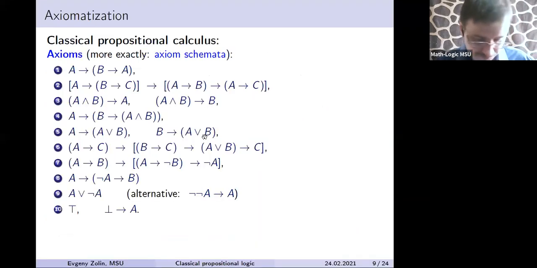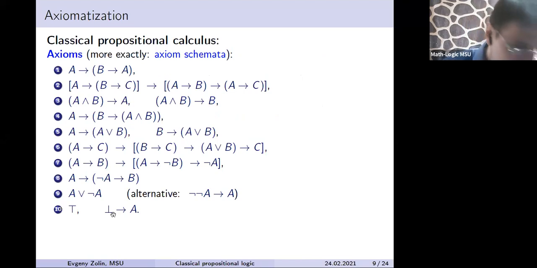Okay. From the standard course, of course, we know this axiomatic system. Usually it has 10 or 11 axioms. I also put here the axioms for true and false. There are some variations, especially for the axioms for negation 7, 8, and 9.